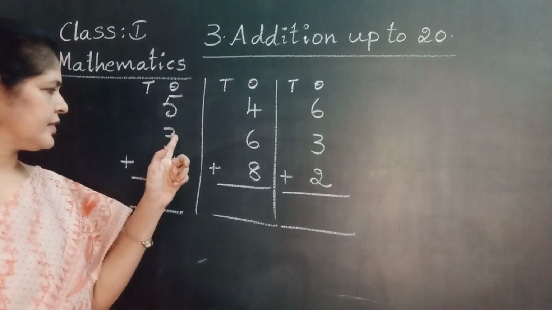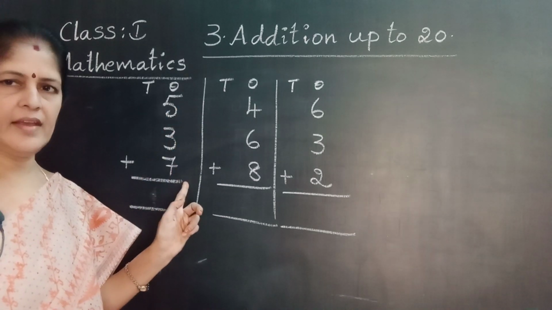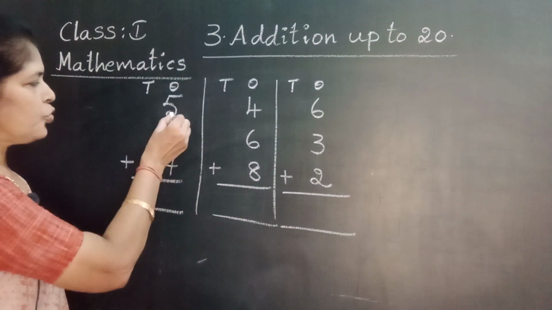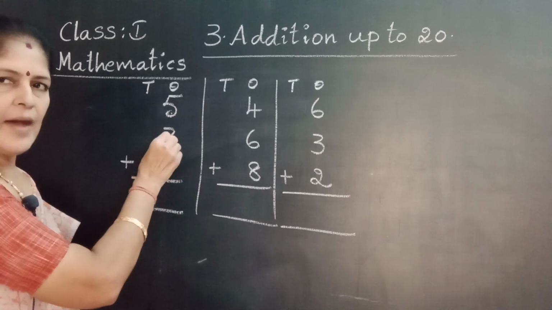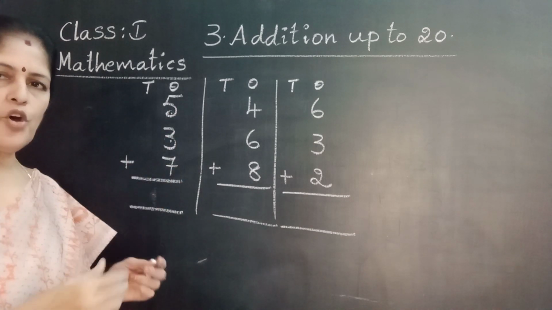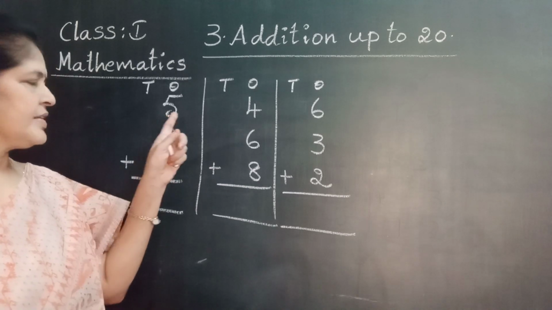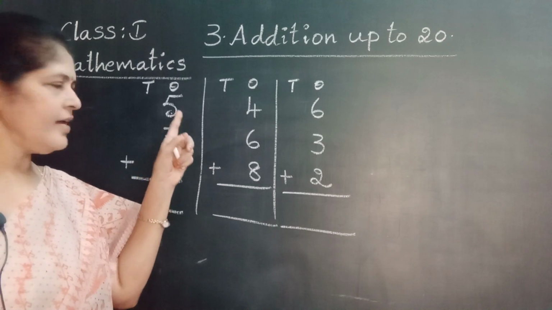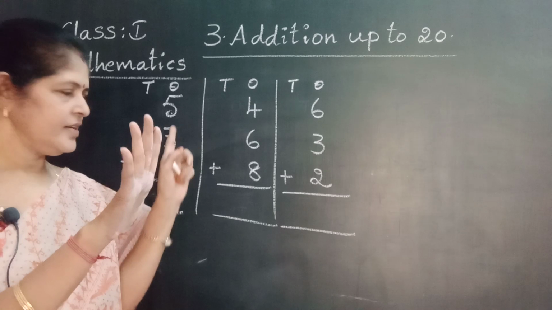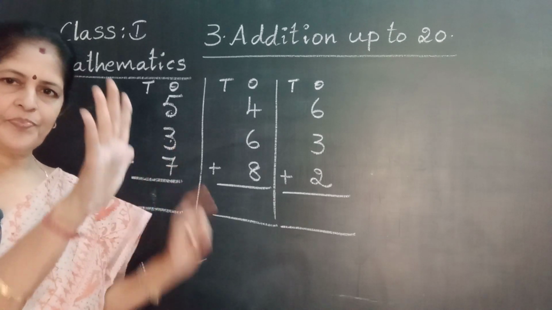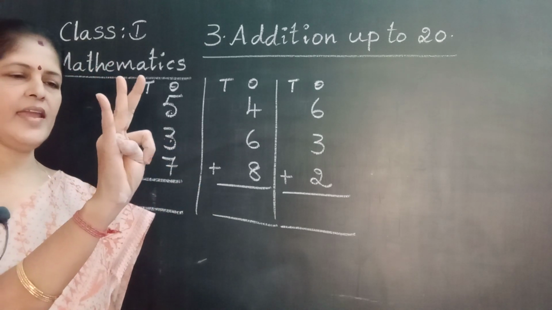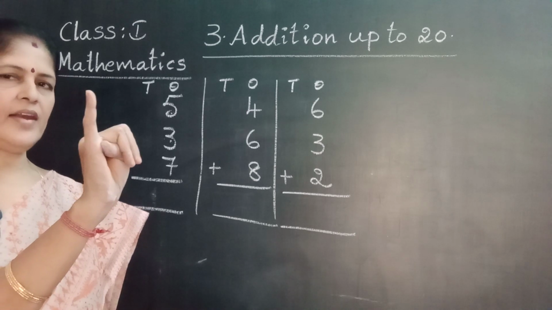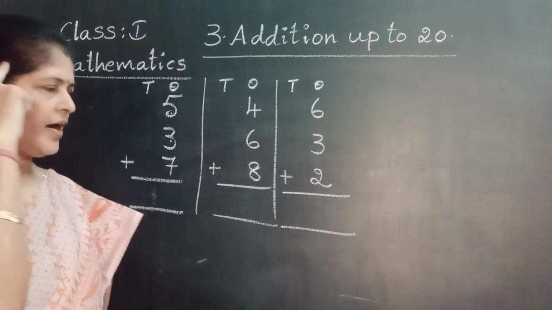5 plus 3 plus 7. First adding these 2 numbers, we get a sum. Next, the third number, we add to that sum. Sum means total. Ready now? Take 5 fingers. 3 after. 4, 5, 6, 7, 8. 8 in the mind.